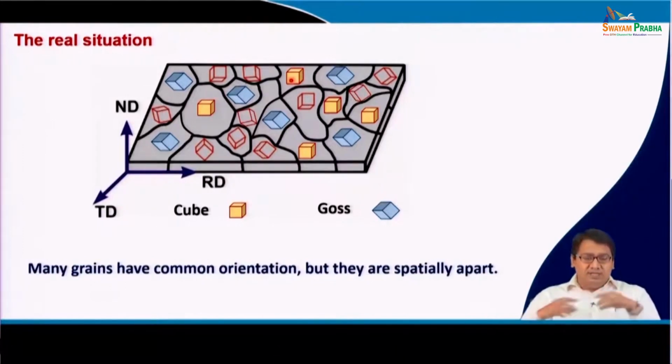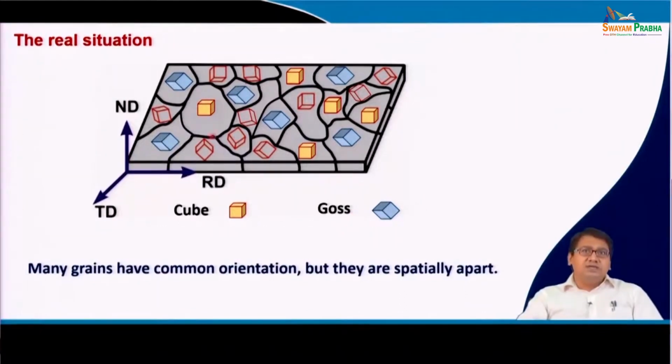On the other hand, there is another kind of texture which was observed, and you see a large amount of this component, and we basically call it a Goss component or a Goss texture component, named after the inventor of this component, Goss.